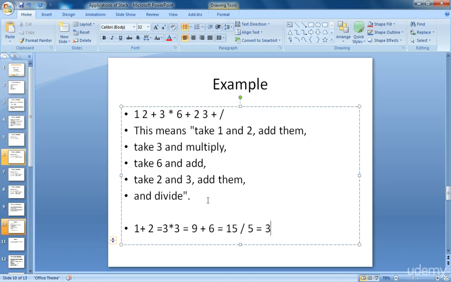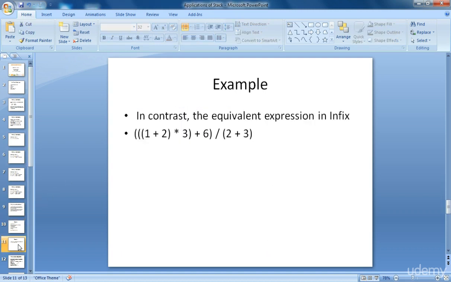As you can see, I have evaluated the expression very easily using the postfix form, and we have got the answer. Now let's see its infix form. Here is the equivalent of the postfix expression in infix form.